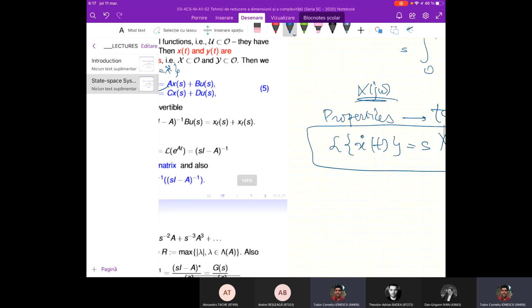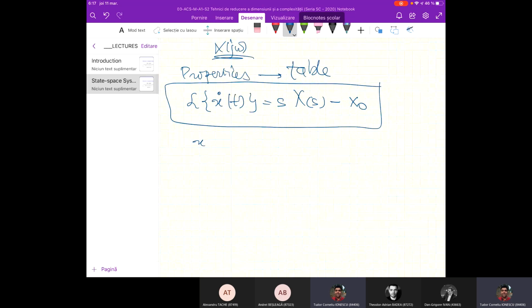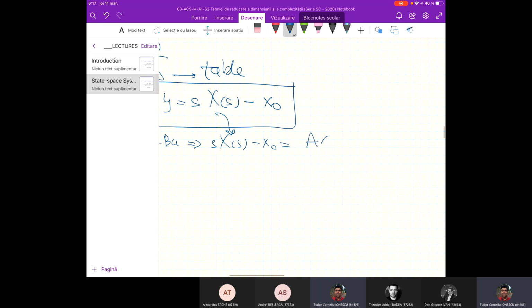Again, you have x dot is Ax plus Bu. You take the Laplace, you have sX of s minus x0 from this property, equals AX of s plus BU of s, not B of u but B times U of s.